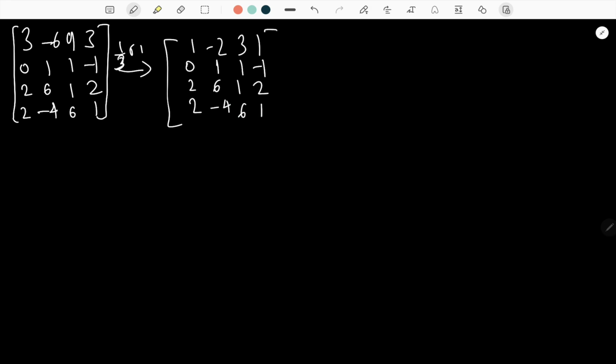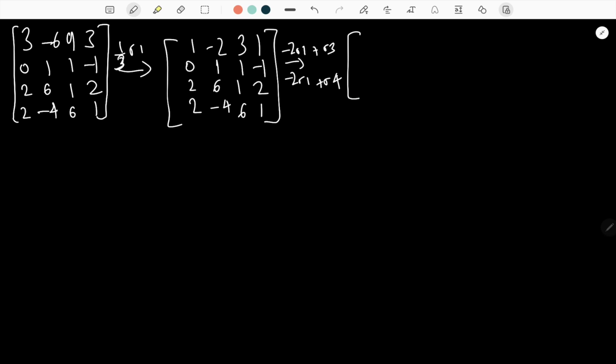Now we can use the first row to eliminate the 2's down, so it will be minus 2 r1 plus r3, and the same thing, minus 2 r1 plus r4, to make them zeros.